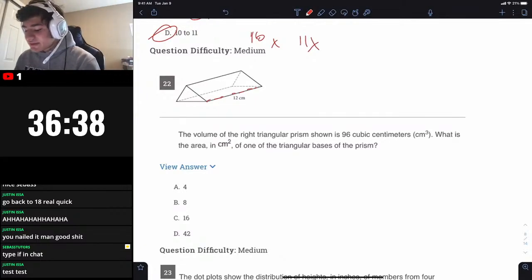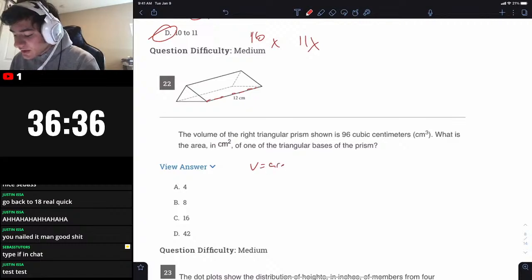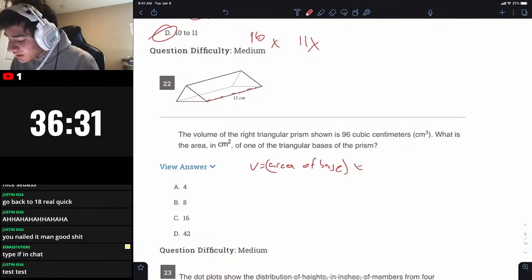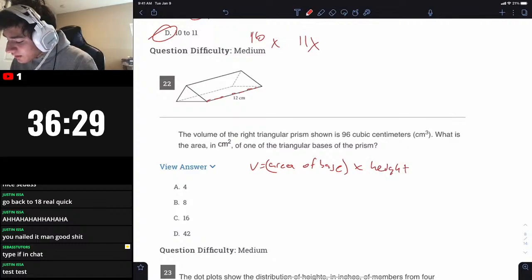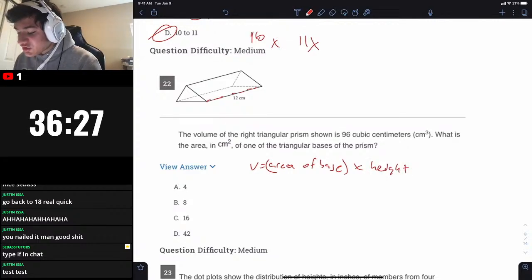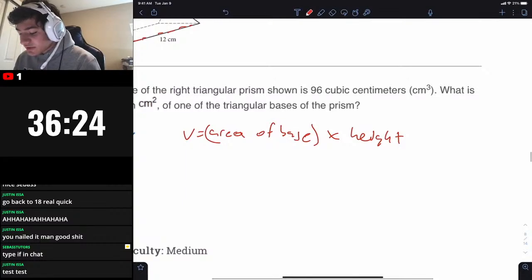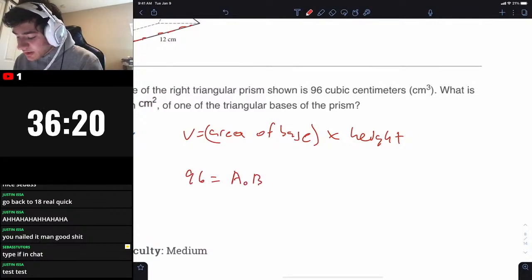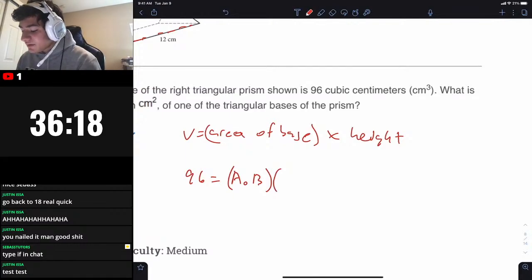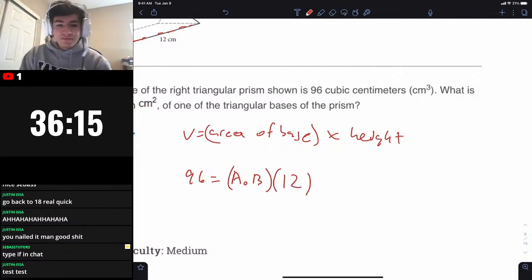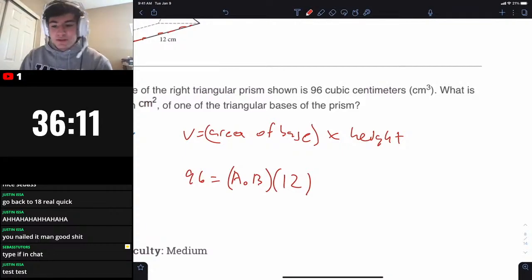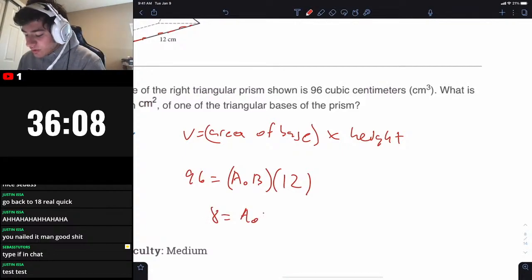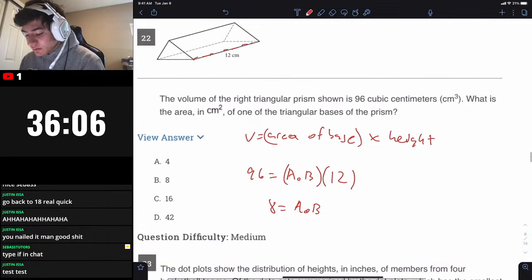The way to do this is to know that volume is equal to the area of base times the height, right? And in this case, the height is 12. So the volume, which they tell us is 96, is equal to, we'll call that AOB, area of base, times the height, which is 12. We're going to divide by 12. So we get 96 divided by 12, and then we get 8. So 8 is equal to AOB, and the answer is just going to be 8.